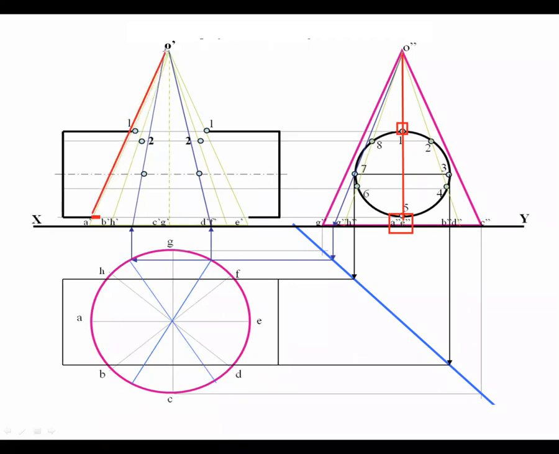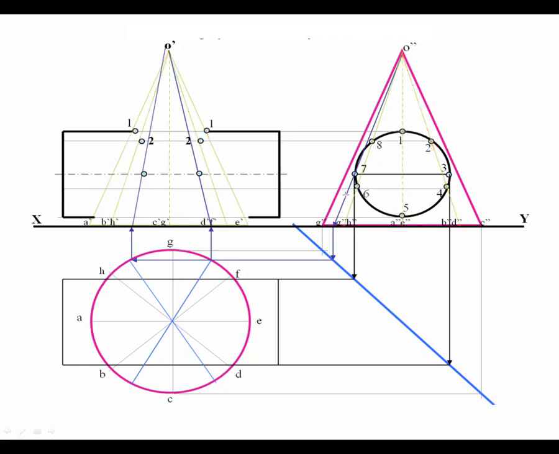So we have plotted point number 1 over here, and E dash is also here. In the same way, here in side view, 2 point is on B double dash and D double dash line. So in front view, we'll get this point on B dash and D dash.